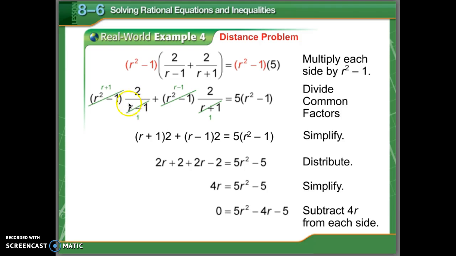And when we do that, our problem is going to simplify down to 2 times r plus 1 plus 2 times r minus 1 equals 5 times r squared minus 1. We're going to distribute that out, combine our like terms, and get all the variables on one side of the equation, and we're left with 5r squared minus 4 minus 5 equals 0. And then this is just a simple quadratic equation which we can factor and find the answers to.